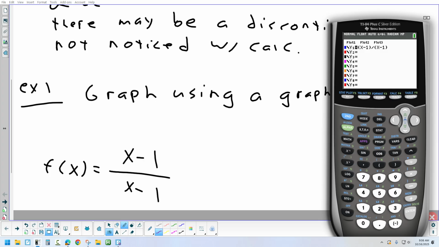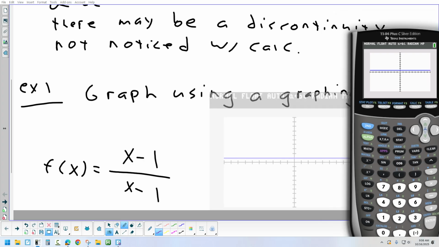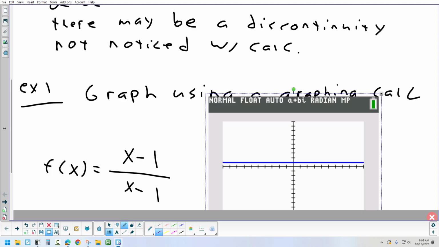At 1, yeah. The only thing is it's going to have a hole in it. So it's a horizontal line at the number 1, but there's a hole at 1. So the calculator doesn't sketch the hole. Maybe if you zoom in a lot, I think somebody did see it if they zoomed in. There is a hole right there.